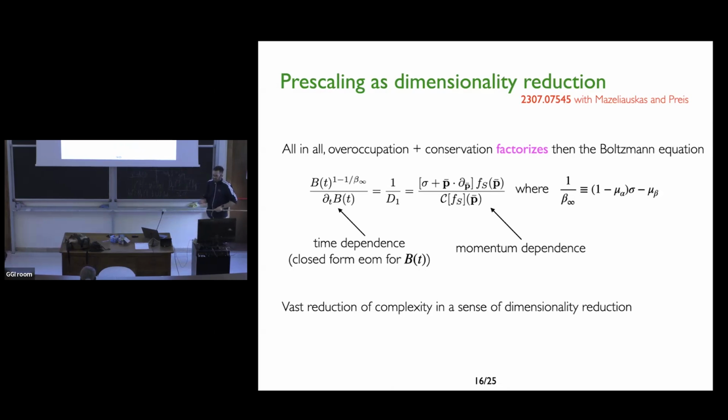And that's something that does not always occur. For example, it doesn't occur for Bjorken dynamics in the equilibration processes, right? This is something that requires this over-occupation assumption in the first place. And this shows that non-thermal fixed points are about a vast reduction of complexity, in the sense of dimensionality reduction, in that the time dependence and momentum dependence factorize. They are sort of two things that happen in parallel.